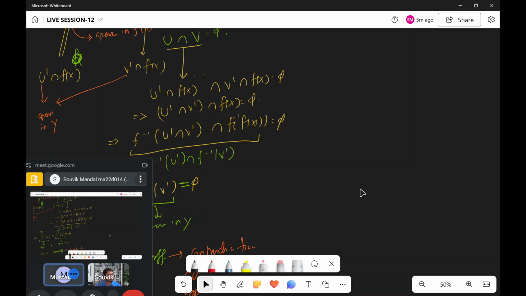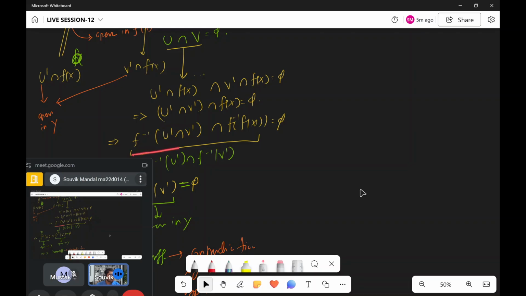Yes, I understand. So till now, is everything clear to you? Yes, okay. So this is the first half of the first problem. Now for the second half, since U intersection V is empty, this states that U prime intersection V prime intersection f of X is equal to empty. So now we are applying f inverse to both sides.